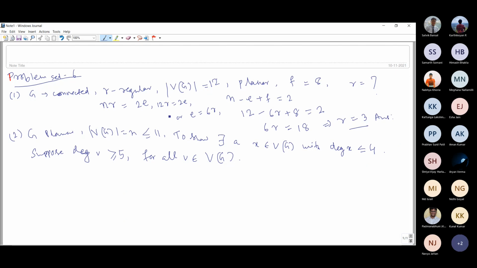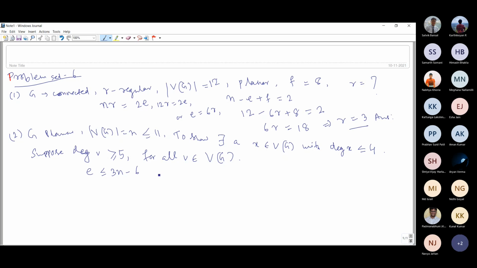So E be the number of edges. For this planar graph, E can have less than or equal to 3n minus 6, right?